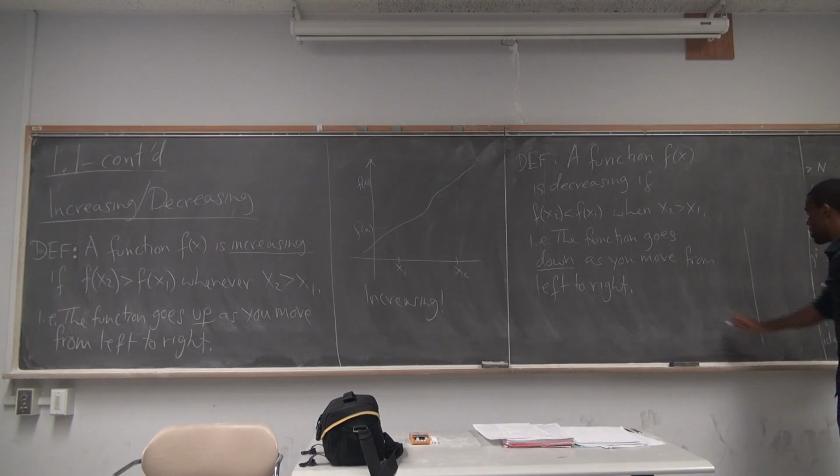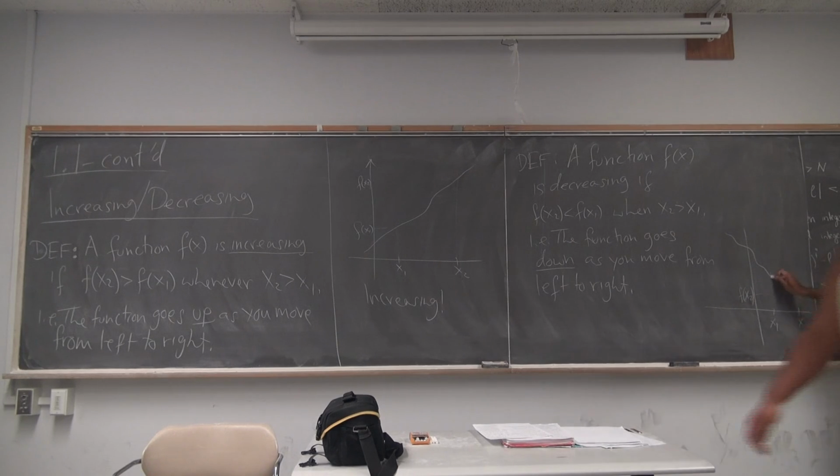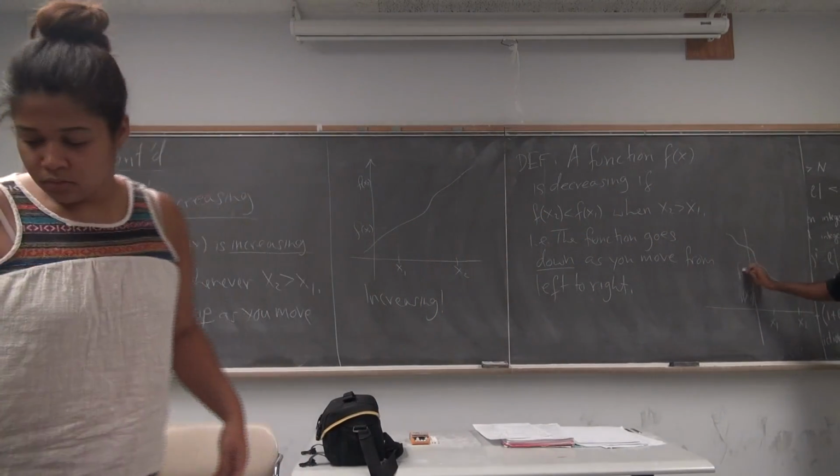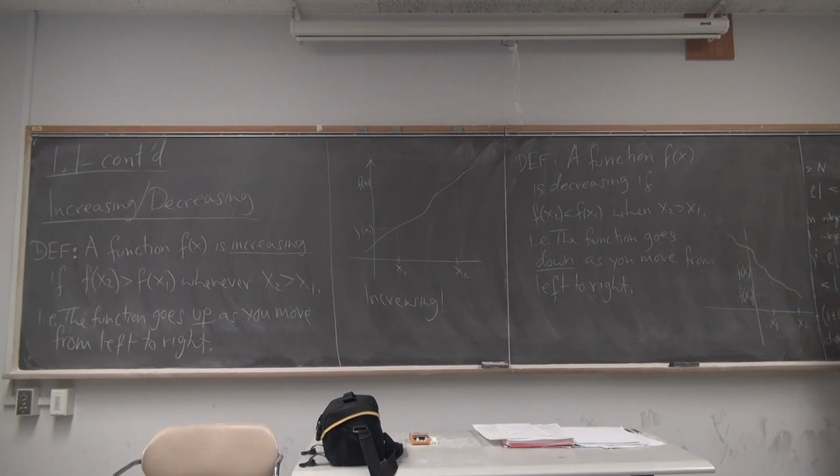The illustration would be something like this. Here, x2 is bigger than x1, and the f of x2 value is actually smaller than the f of x1 value. So the function is going down as you move from left to right, and that is called decreasing.